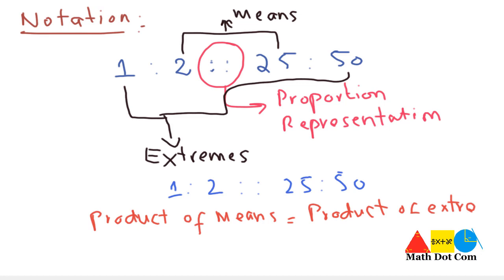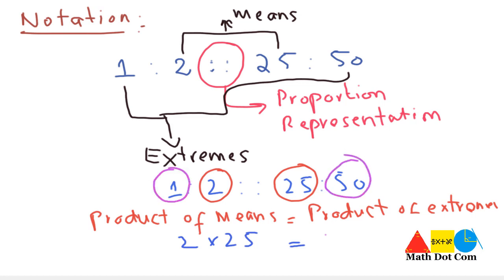The means are 2 and 25, so we multiply 2 into 25, and the extremes are 50 and 1, so 1 into 50. The answer is 50 equals 50. So the left hand side is equal to the right hand side, and this is how we can verify the proportion.